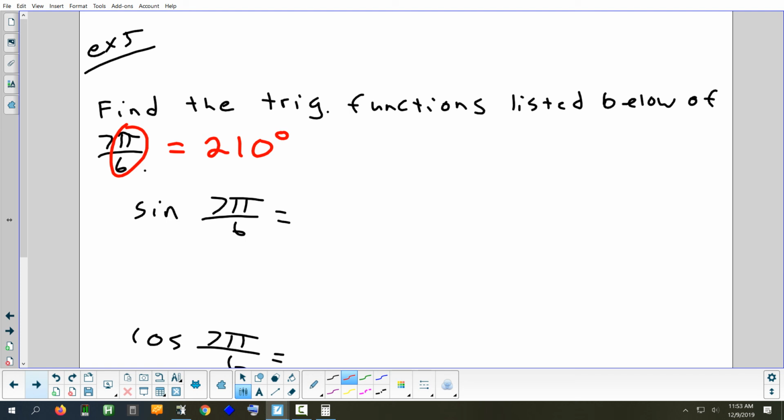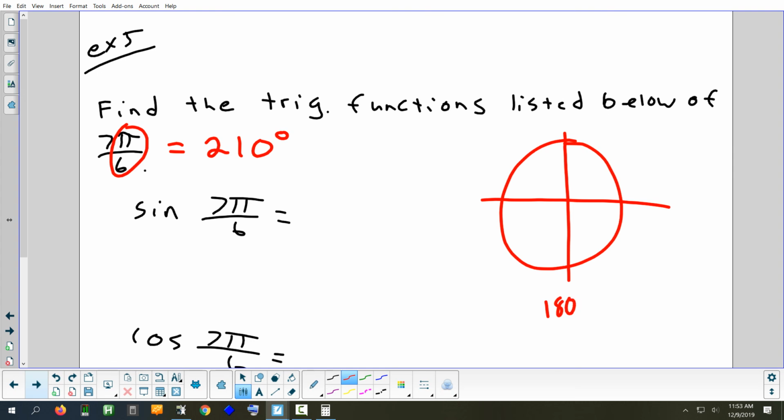Now let's sketch that and see what kind of angle we're dealing with. Here's 180. Here's 270. Where's 210? Your options are right in the middle, closer to 180, or closer to 270.